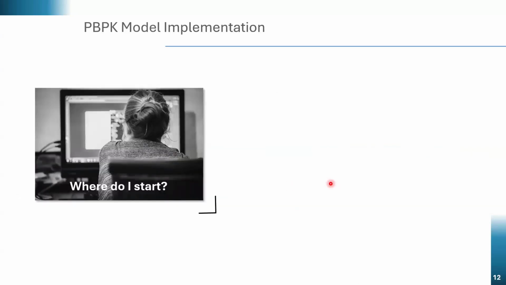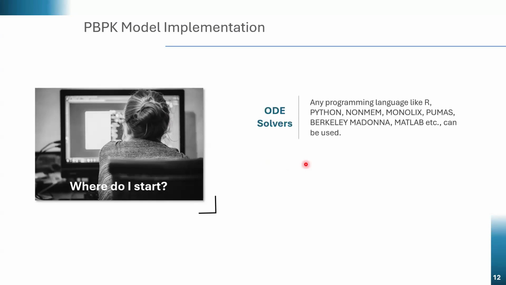So finally, we get to the fun part. There are different software that we can use to build PBPK models, but I am going to broadly classify them into two. The first one, I am going to say, is any programming language that can solve ordinary differential equations.